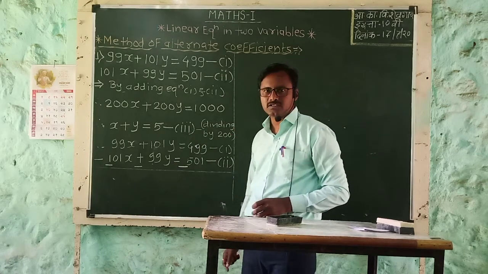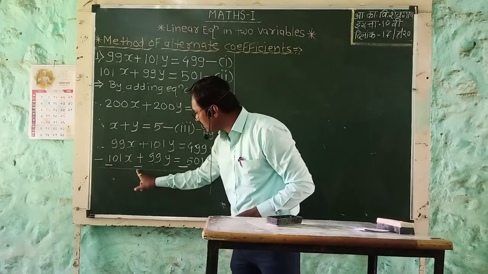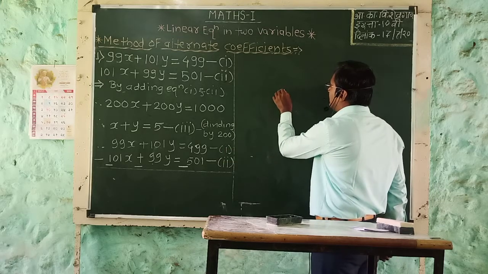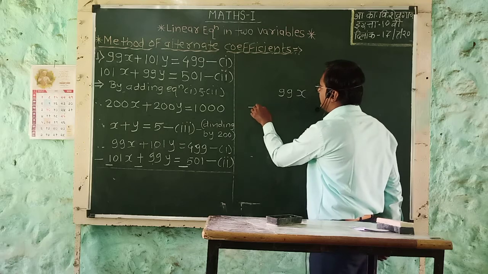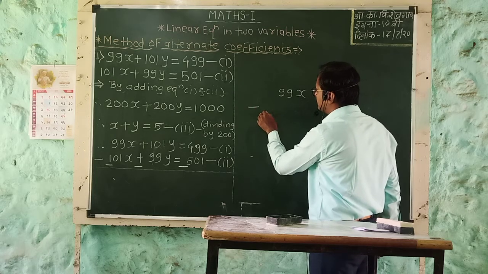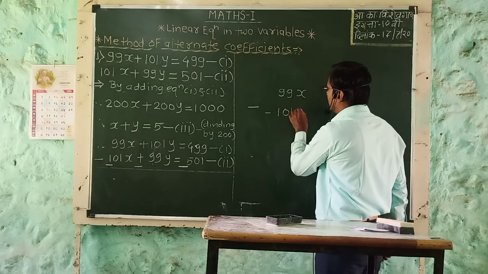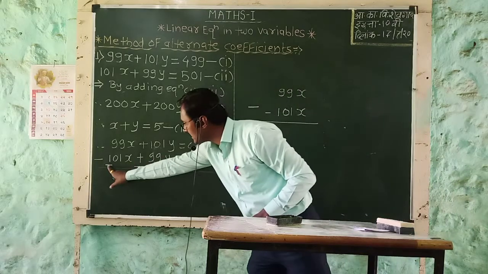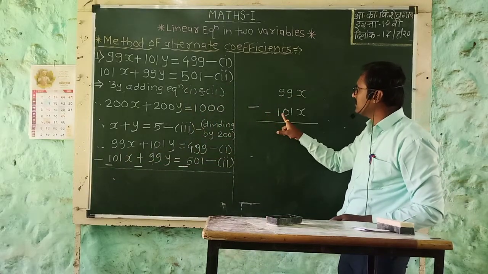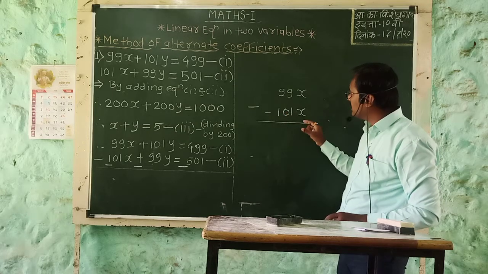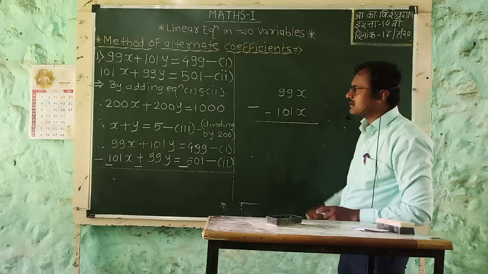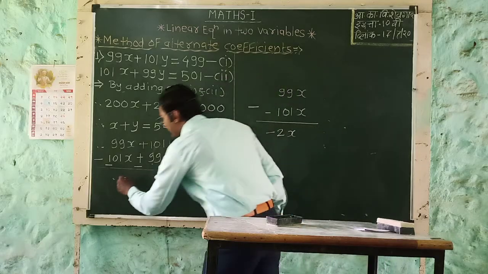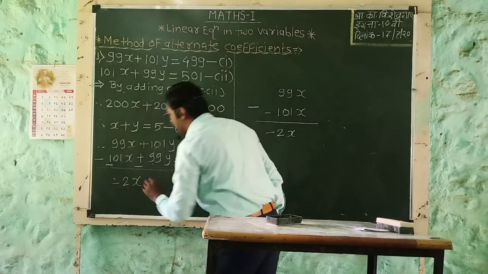So the terms are 99x minus 101x. Considering the change in sign, 99 minus 101x, the subtraction will be minus 2x.